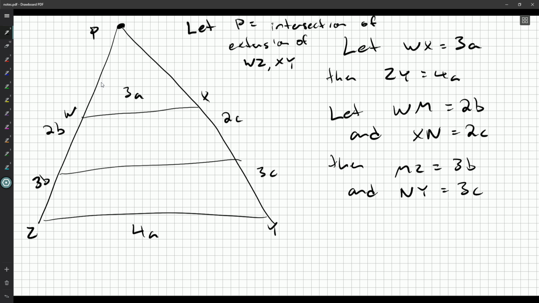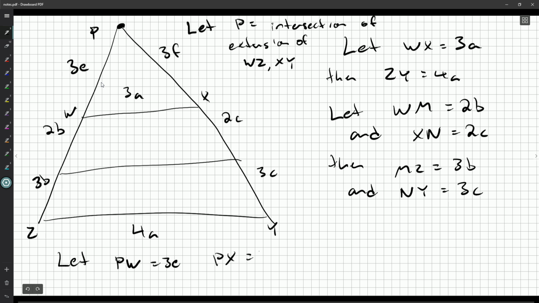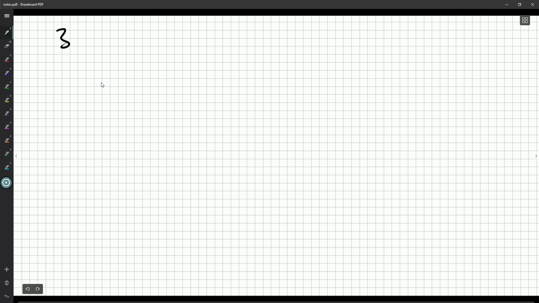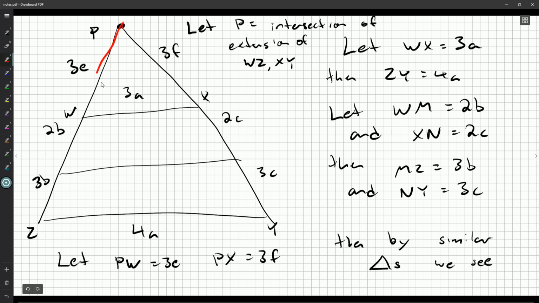Now, if I call this side 3E and 3F, let PW equal 3E, PX equal 3F, then by similar triangles we see that 3E plus 5B, so this whole side over here, has got to be equal to 4E.